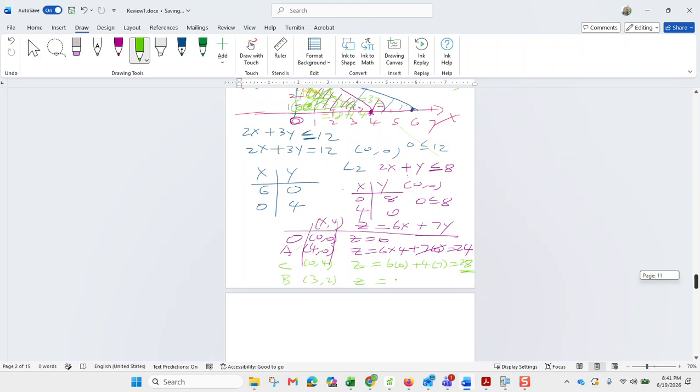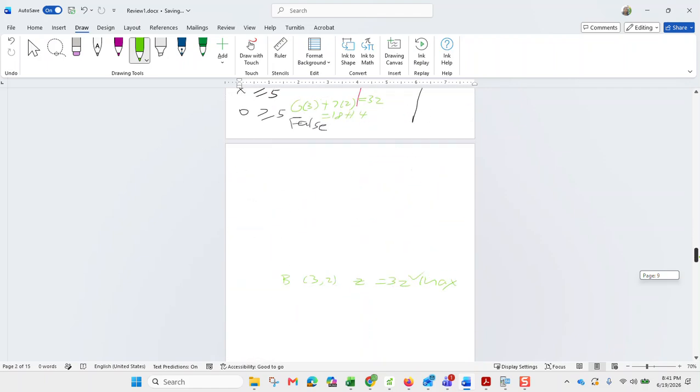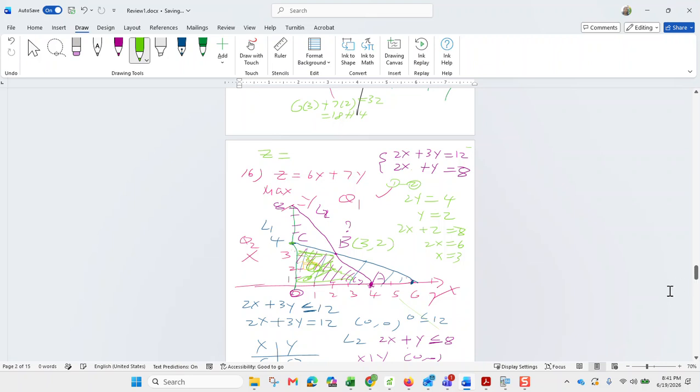And G here we just calculated is 32. So this is the maximum. Compare 32 with 28 and 24. 32 is the maximum. All right. So this maximum happens at point B. So point B, when x equals 3 and y equals 2, is the maximum.